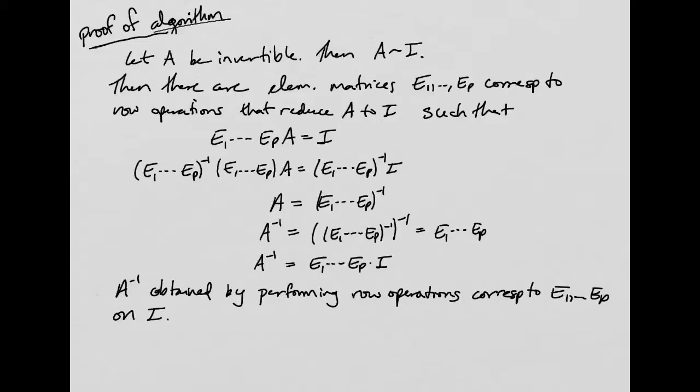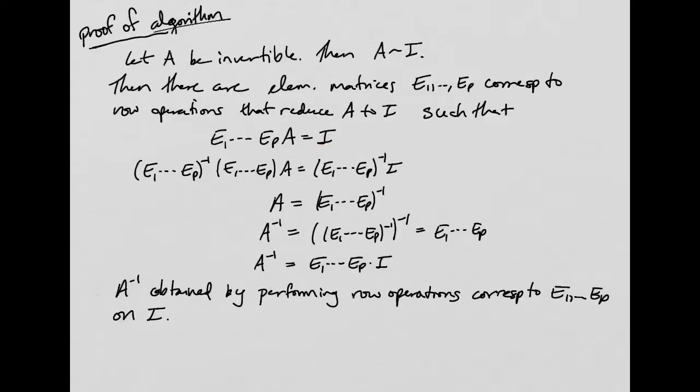And now if we look back, these elementary matrices were the matrices that I multiplied A by to get the identity. So these row operations that I perform on the identity to get the inverse were the exact same row operations I performed on A to get the identity.